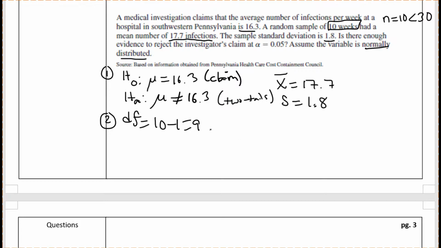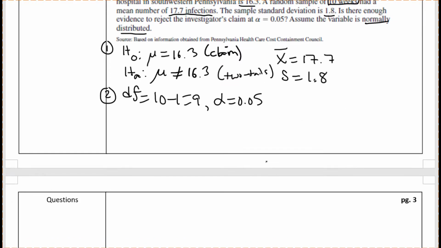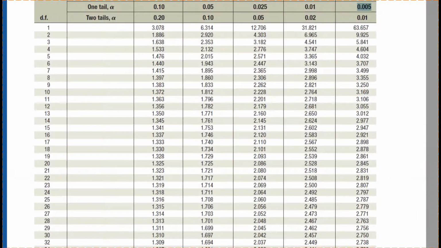So we're looking at 9 with an alpha of 0.05 and two tails. So two tails, 0.05, and a degree of freedom of 9 means that our critical value is 2.262.